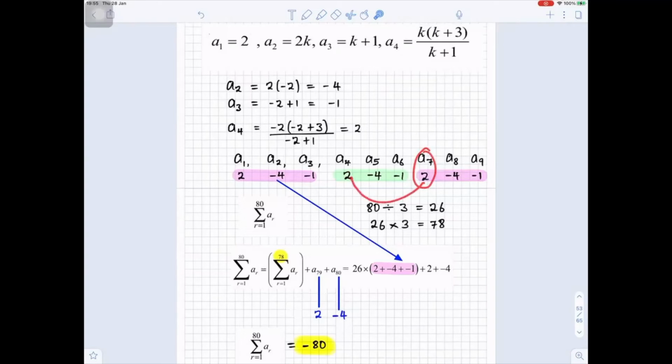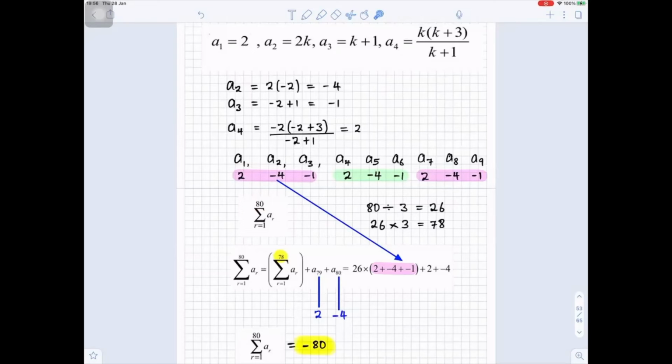A7 will be 2. A8 will be minus 4. A9 will be minus 1. So you can see it is going 2, minus 4, minus 1, 2, minus 4, minus 1, and it's going from A1. We want to find the sum up to A80.